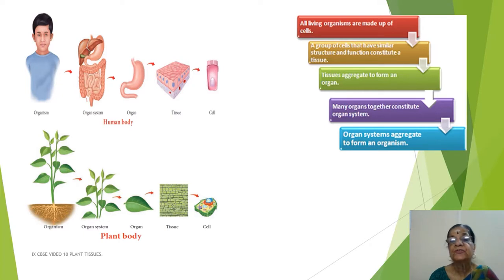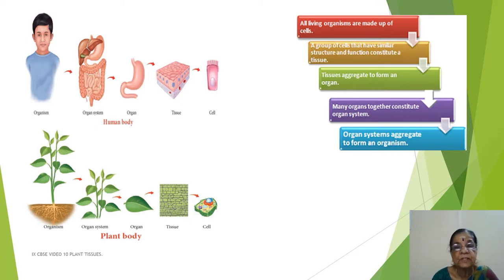And a group of cells that have similar structure and function constitute a tissue. I repeat, a group of cells that have similar structure and function constitute a tissue. And tissue aggregates to form an organ. And many organs together form an organ system, and organ systems clustered together form an organism.